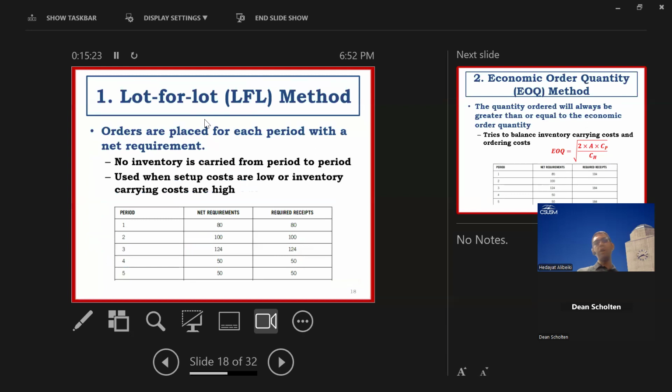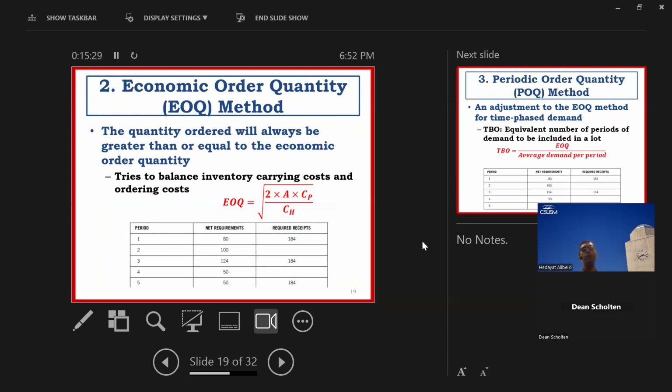Very briefly, lot for lot: whenever needed, you just order exactly equal to the amount that you need. EOQ: you calculate the EOQ, and that serves as our standard. Here it says this would serve as a minimum order quantity, but in a lot of cases, it actually serves as a standard size.